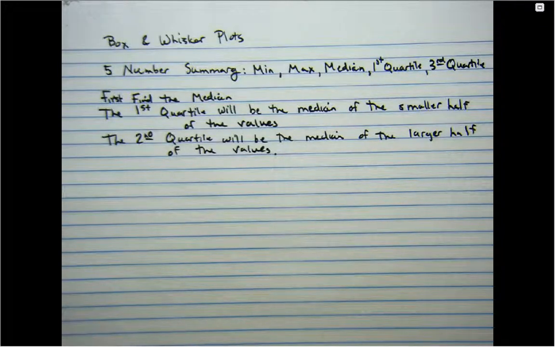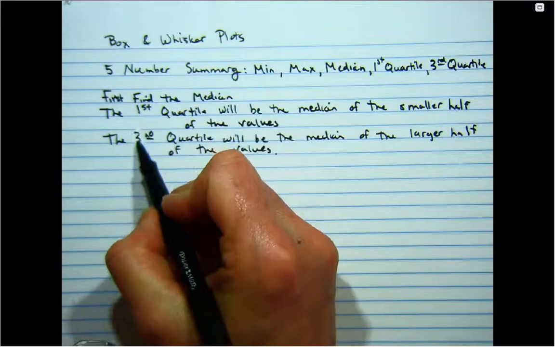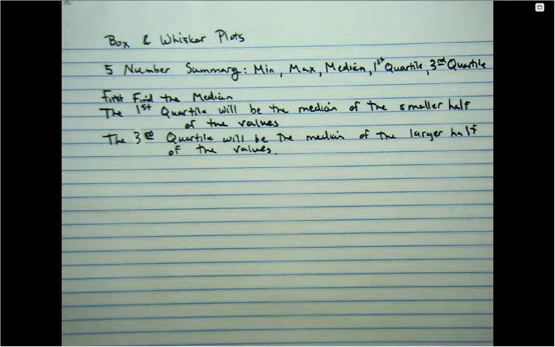Do you mean the third quartile? Did I write the third? Oh, yeah, thank you. I do mean the third quartile. Good catch. The third quartile will be the median of the larger half of the values. The second quartile is actually the median. Okay.